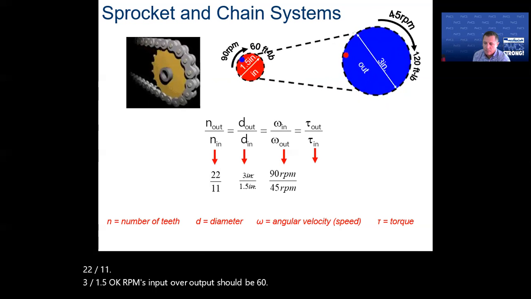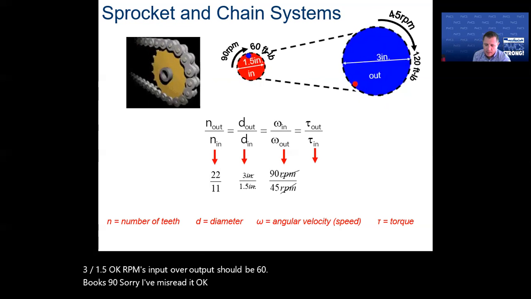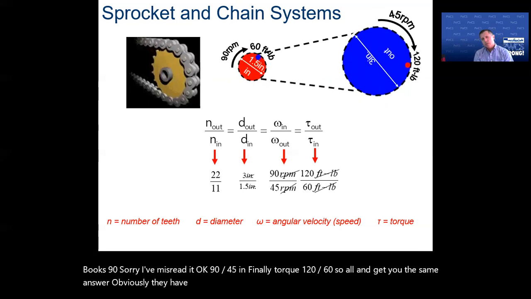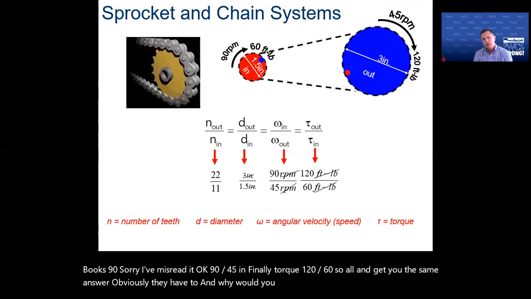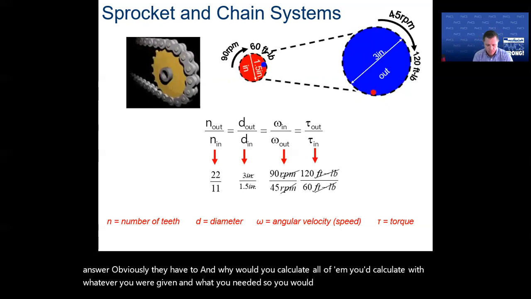Whoops, 90. Sorry, I misread it. 90 over 45. And finally, torque, 120 over 60. So all of them get you the same answer. Obviously, they have to. And you wouldn't calculate all of them. You'd calculate with whatever you were given and what you needed. So you would not have to calculate all four, just the ones you need.